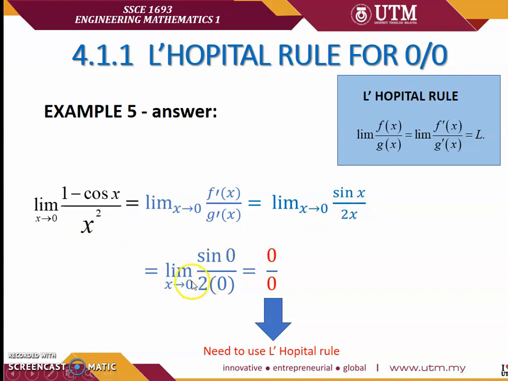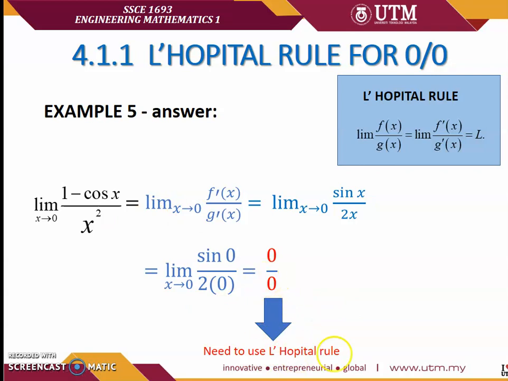Then we substitute the limit, x tends to 0: sin 0 over 2 multiplied by 0. Again we obtain 0 over 0. What do we need to do? We need to use L'Hopital's rule again.